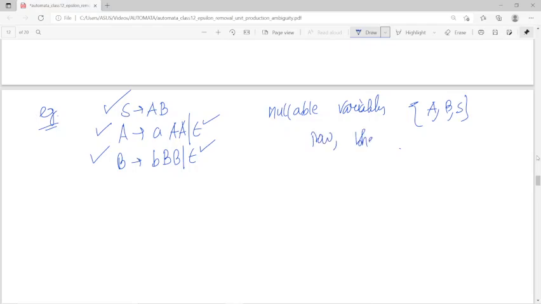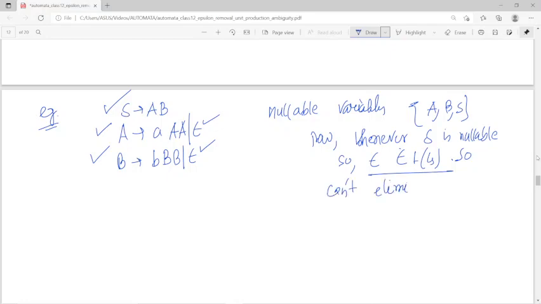Now, whenever S, the start state, is nullable, that means epsilon belongs to the language. So you cannot eliminate all null productions. We cannot eliminate all null productions.